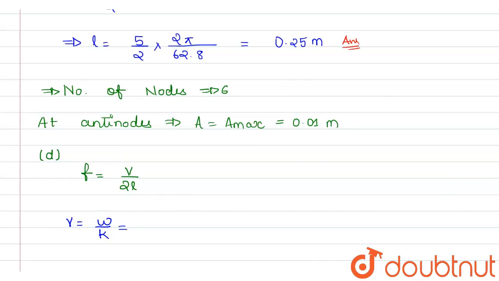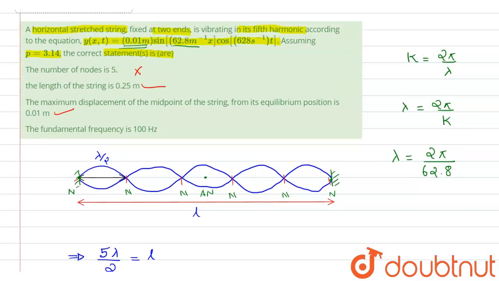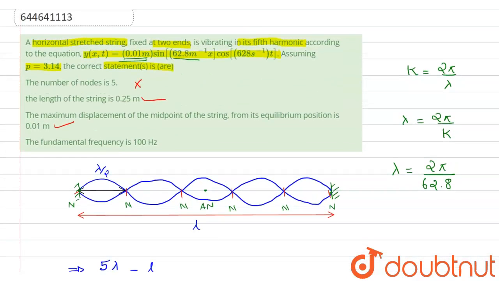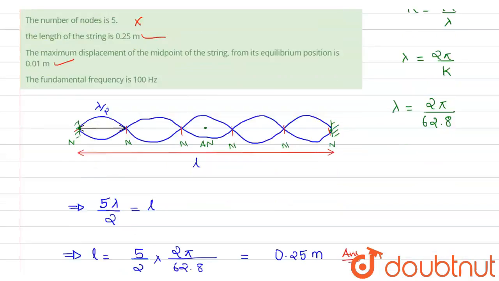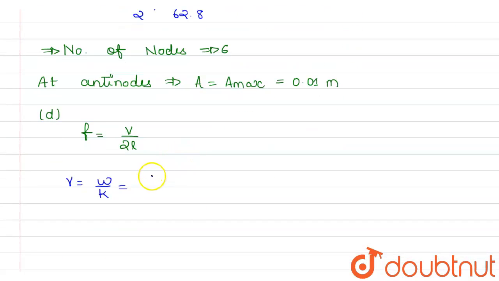We know the value of omega and also the value of k from the equation. Our omega will be 628 and our k will be 62.8 per meter. So our velocity will be simply 10 meter per second.